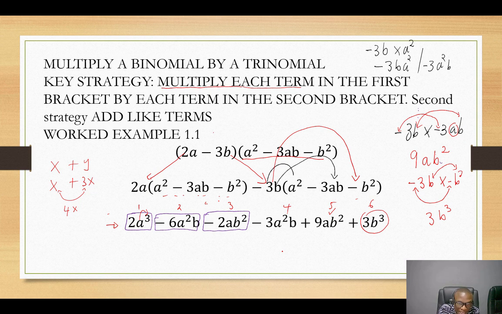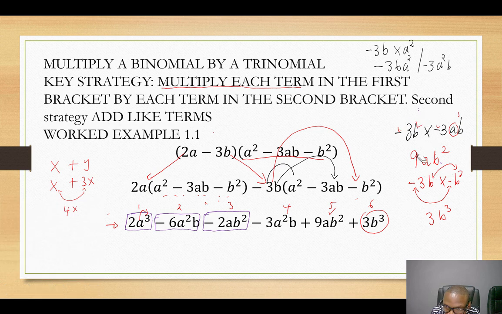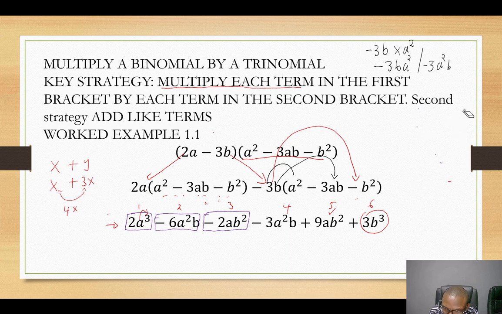Let's go to the second term, which is minus 6a squared b. Does it have a like term? Look for the like term of minus 6a squared b. We are going to look for a of the exponent 2. And I see it on term number 4, a of exponent 2.